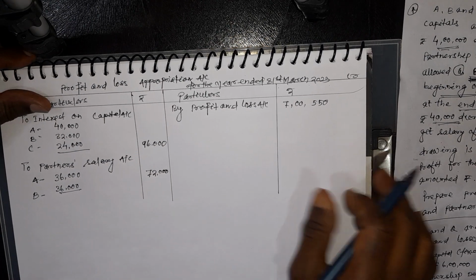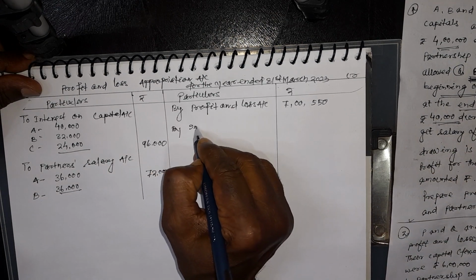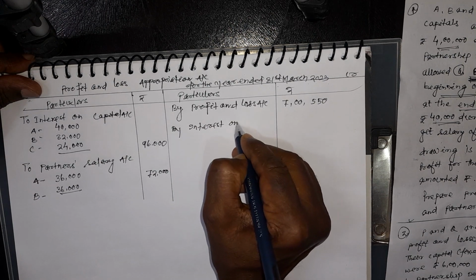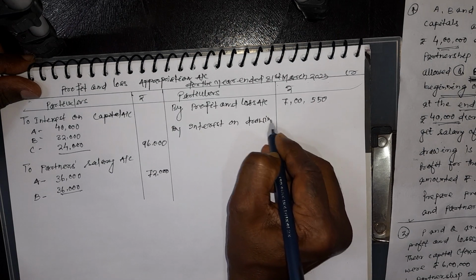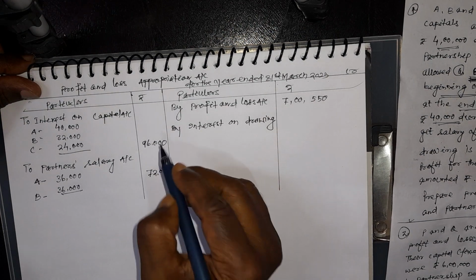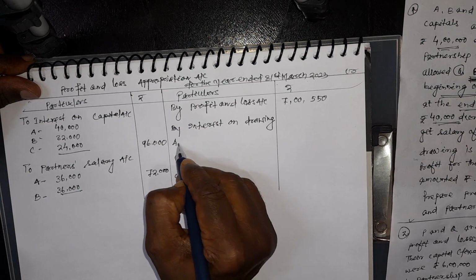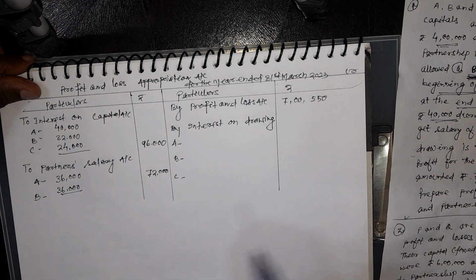Clear? Now you will write it here by interest on drawing. On the credit side, you will write by interest on drawing. What is the amount of interest on drawing of A, B and C? A withdrew rupees 5,000 at the beginning of each month.